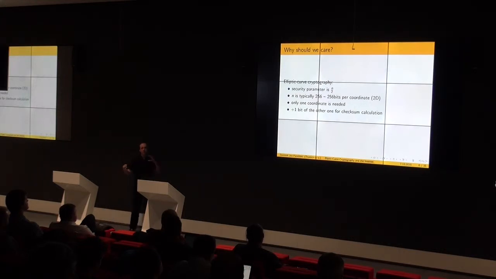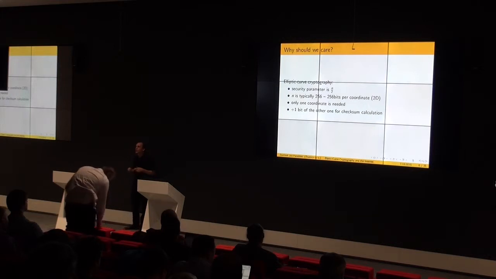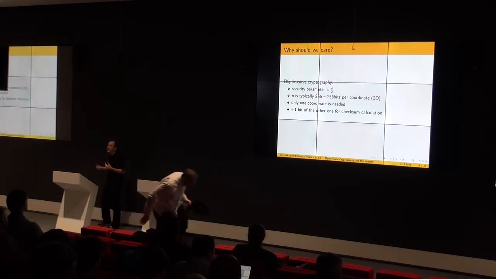Usually, when you are working with the public points on the curves, you need two coordinates. As I said, anyway, those are two-dimensional objects. You have the x coordinate and the y coordinate. But because of certain things beneath, you usually only need one coordinate. And with this so-called compressed coordinate, you save some space.